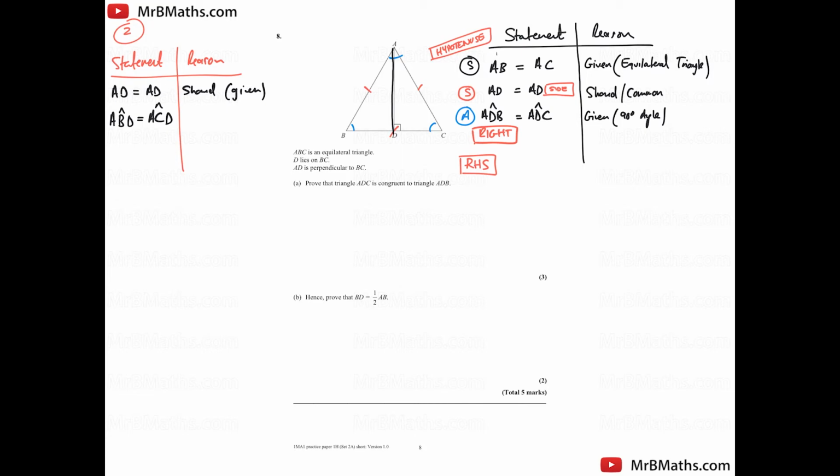That would be for equilateral triangle property. And that would be from an equilateral triangle property. So let's put 60 degrees there. So we've got side, angle.